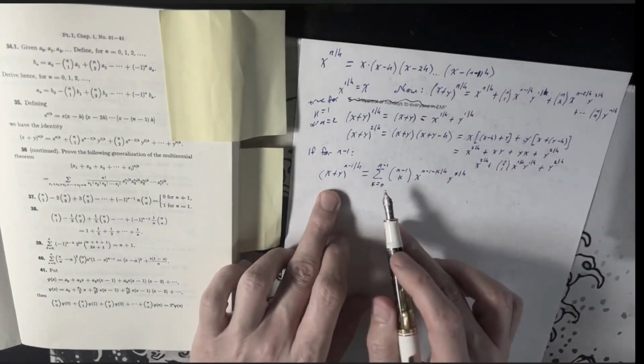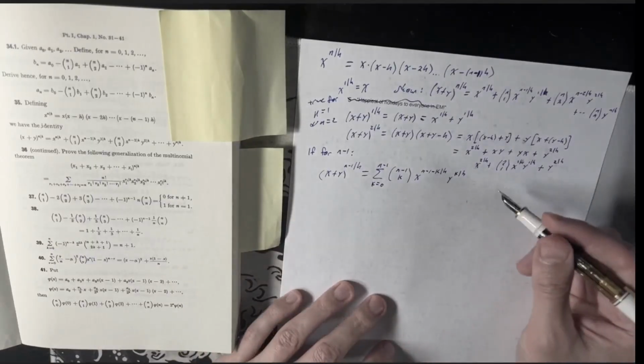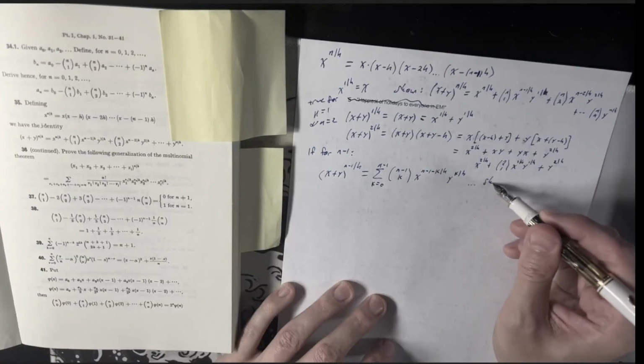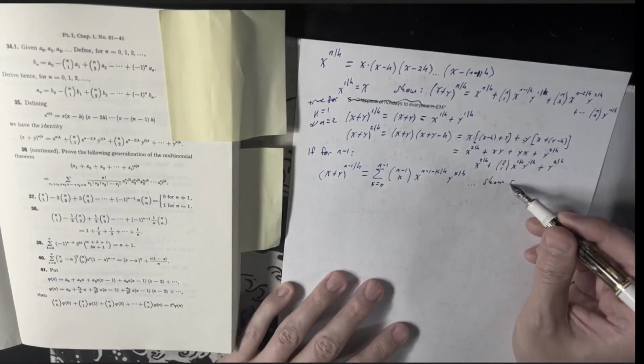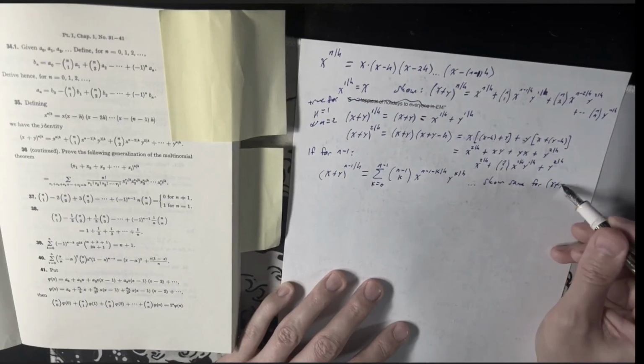So suppose we know that our formula is true for the n minus 1 case. We want to show that it's true for the n case.